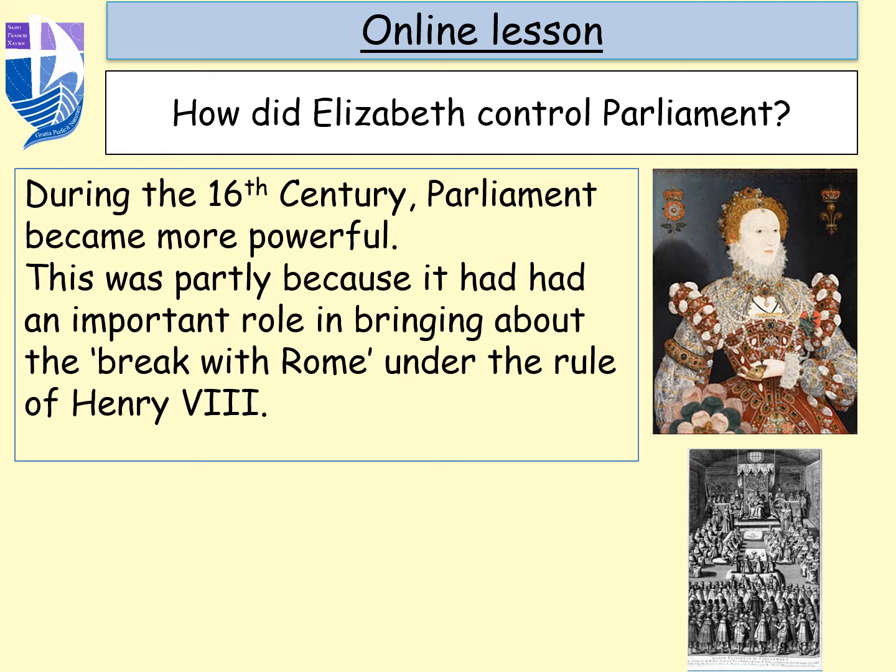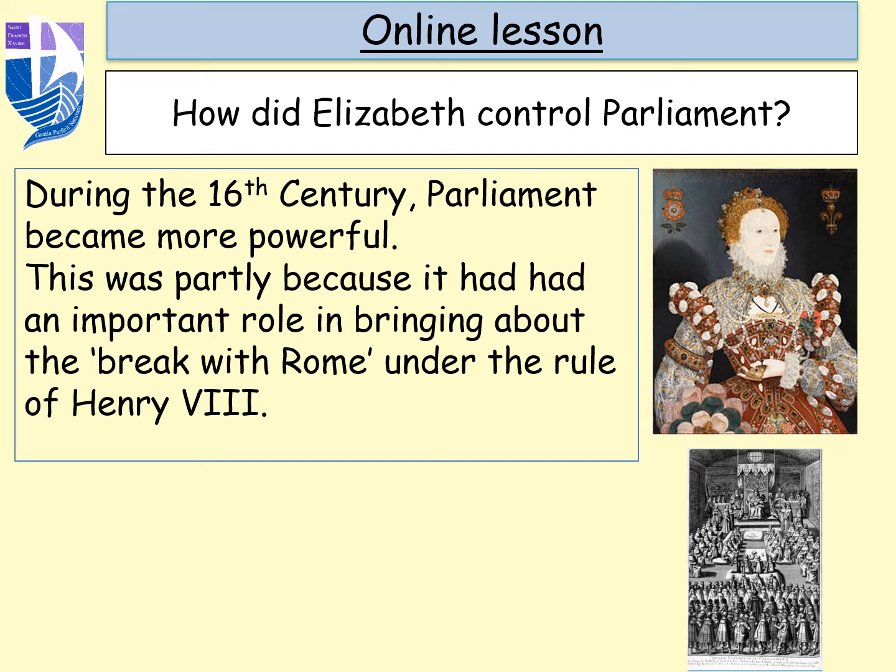But that wasn't the case in the 16th century, and Elizabeth I as a monarch was a decision-making monarch. She was the most important person in the country, and she primarily made the decisions. However, Parliament had become more powerful during the 16th century. Now, Parliament originated back in the 13th century, and it came from the French word parler, which means to speak.